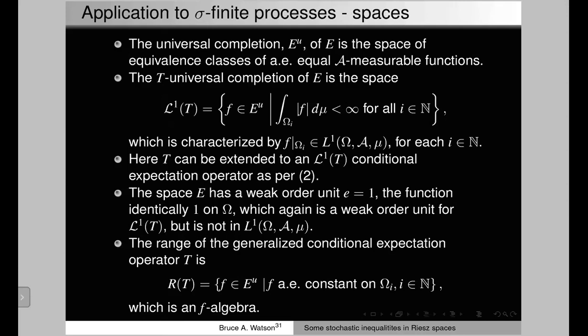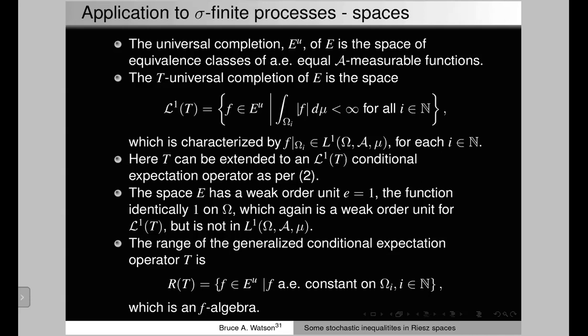Now, in this case here, because it's a very simple example, we can form the universal completion. The universal completion consists of equivalence classes of A-measurable functions. The T universal completion of the space consists of these measurable functions whose integrals of the absolute values over each one of the Omega_i's are finite.